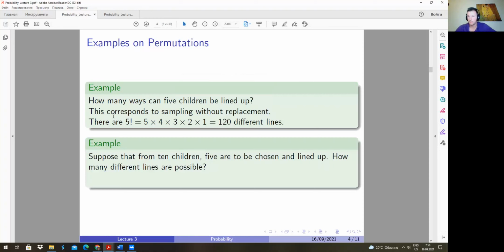Another example. Suppose that we have 10 children and we are choosing 5 out of those 10. Once again, how many different lines are possible?